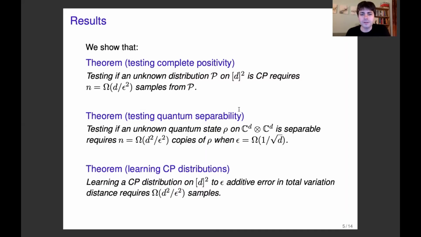Finally, we showed that learning a completely positive distribution on omega to epsilon additive error in total variation distance requires d squared over epsilon squared samples, which indicates that our lower bound for testing complete positivity is probably not tight.